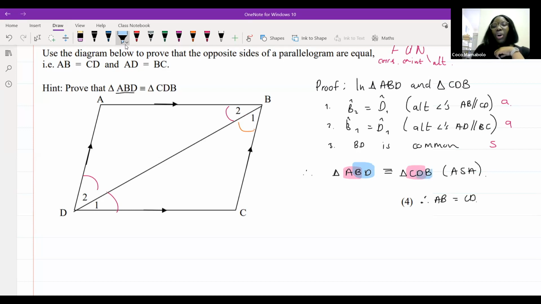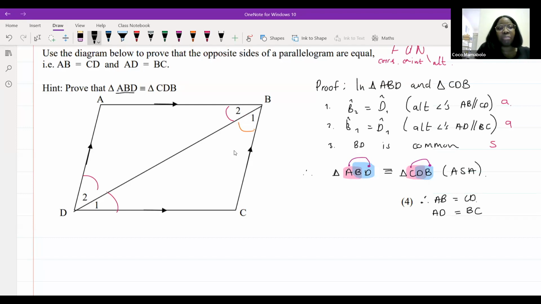DB, correct. But we already know this because line BD or DB is common. And then the last one is going to be AD. So first and last is equal to first and last. Therefore, AD is equal to BC or CB. It won't matter in which order we write it, BC or CB, same thing.